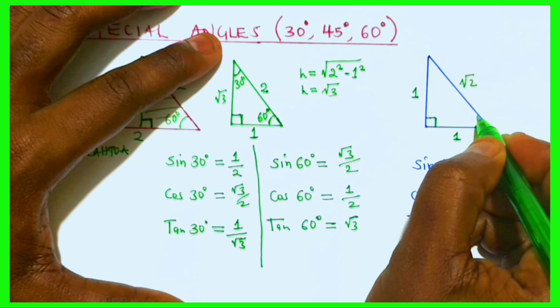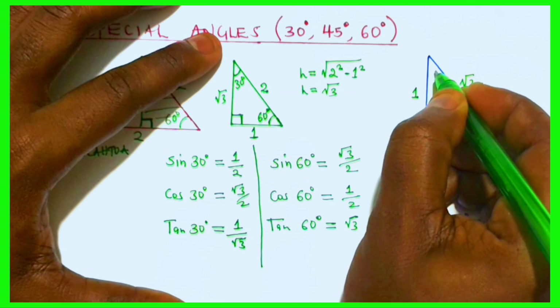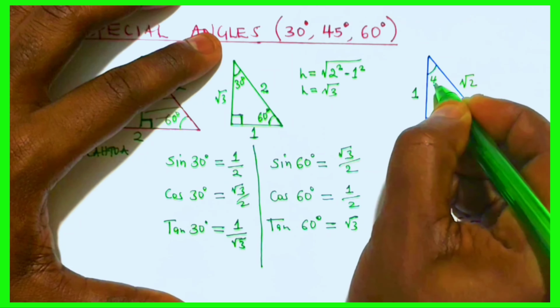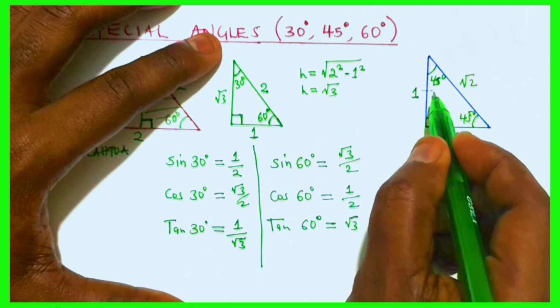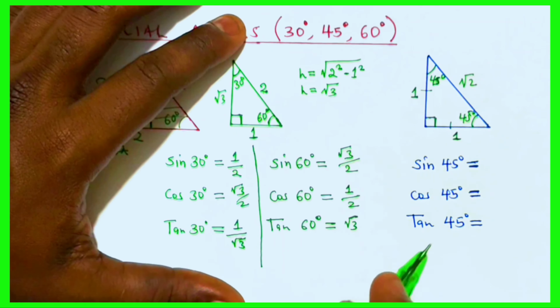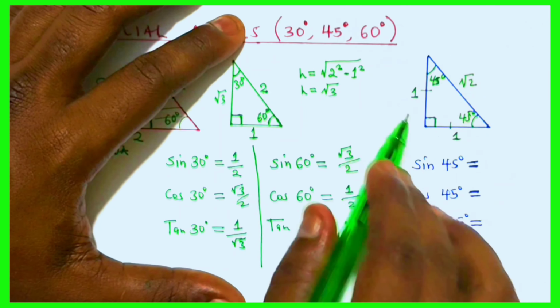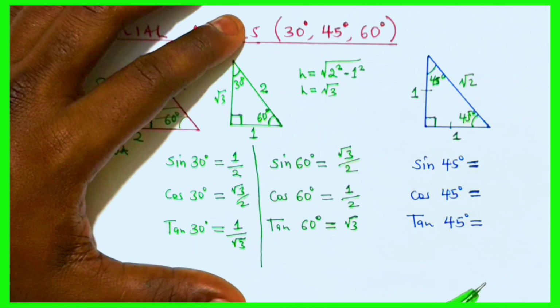And remember, the angles here are 45, so it means we are dealing with a special right angle triangle, since it is also isosceles, meaning that these two lines here are equal. And therefore, now that we've represented all the sides and all the angles of this right angle triangle, we can pick the information we want.